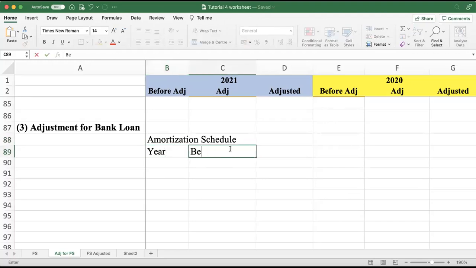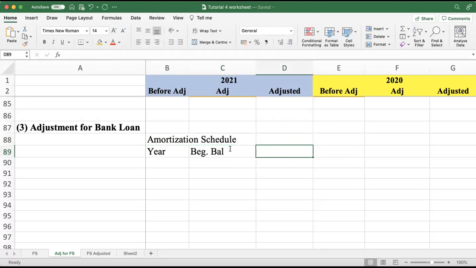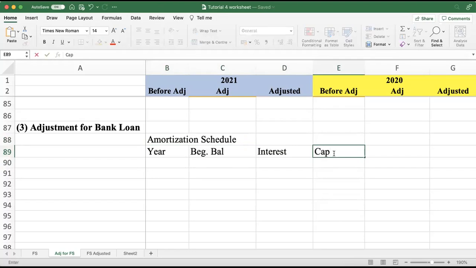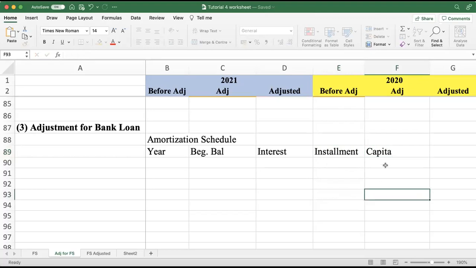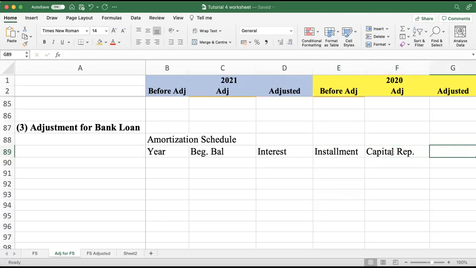Here, beginning balance, interest, then capital repayment, or we get the total repayment, installment, then let's see capital repayment, then end balance.